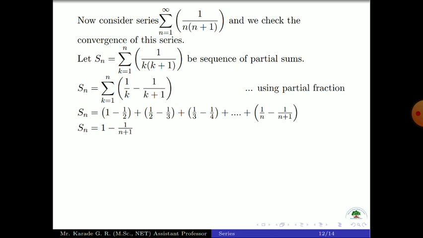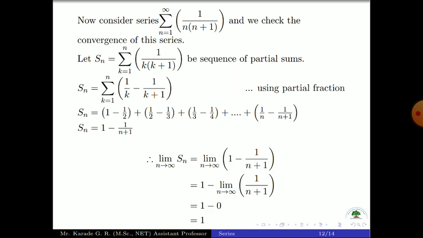So Sn is equal to 1 minus 1 upon n plus 1, and we take the limit of this Sn. Limit of Sn as n tends to infinity is equal to limit as n tends to infinity of 1 minus 1 upon n plus 1. As n tends to infinity, the limit of 1 is 1 and the limit of 1 upon n plus 1 is 0.